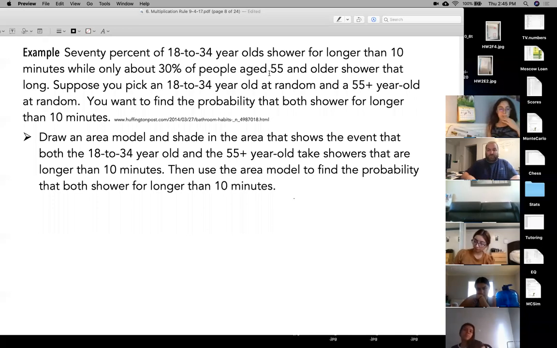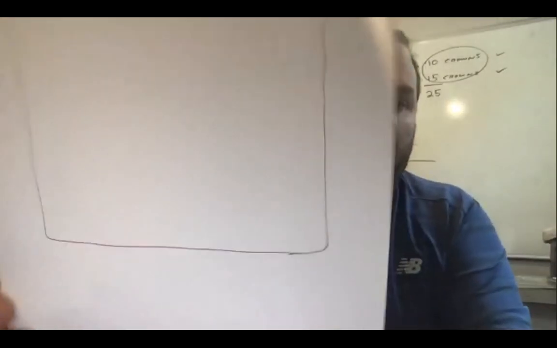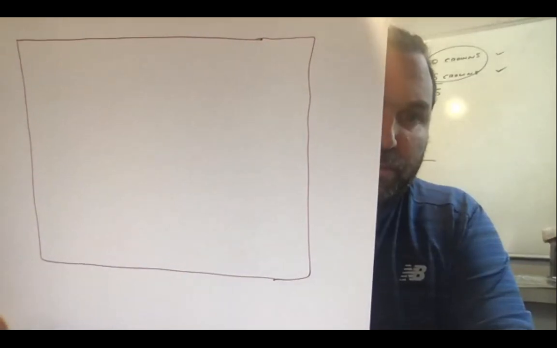Okay, so here I have my big square. And I'm going to divide this into 10 rows and 10 columns. And in a perfect world, these would all be equally spaced.